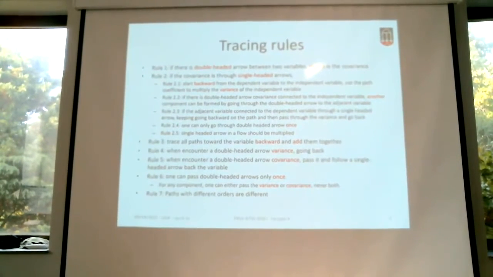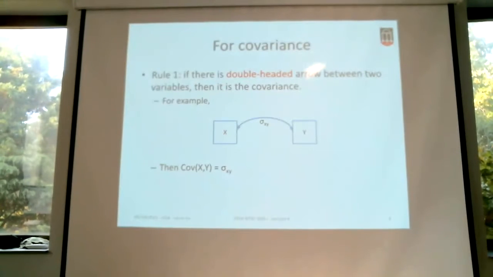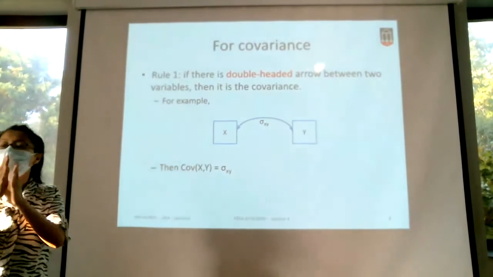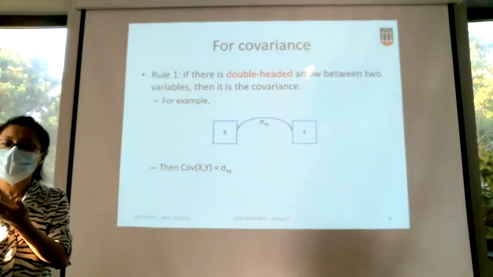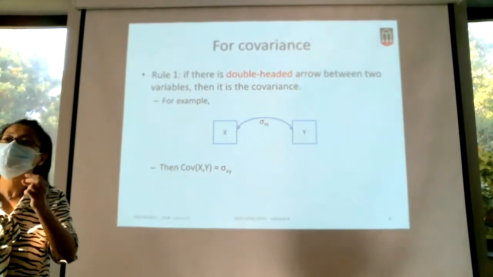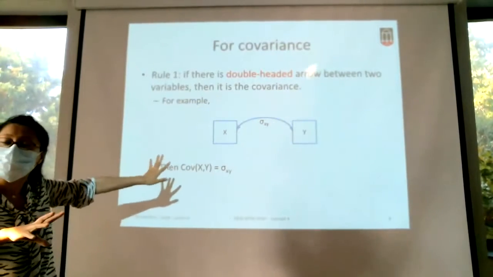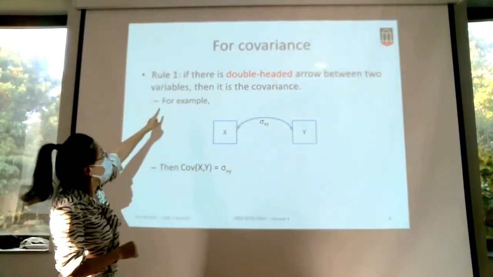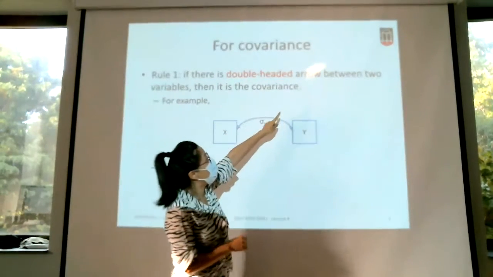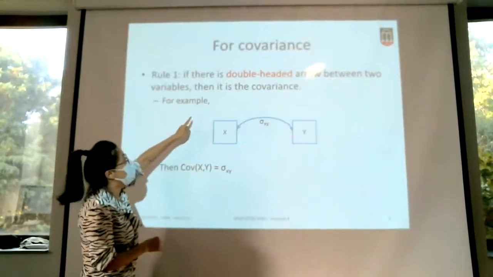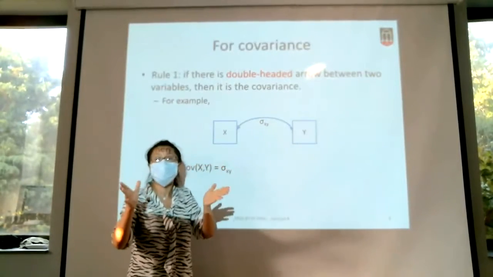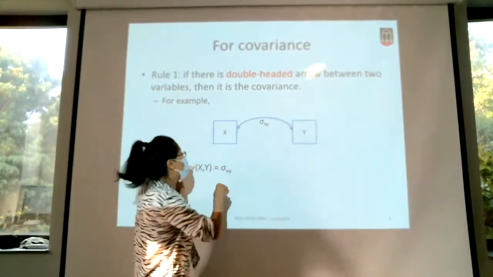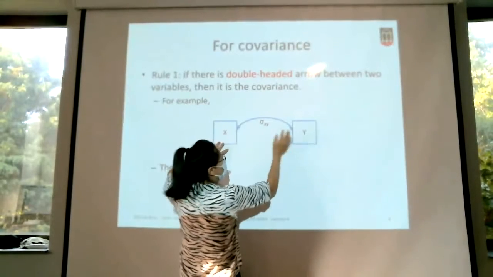Let's look at the first rule. That's for covariance. When the question asks you about the covariance between two variables, you can apply this kind of rule. If there's a double-headed arrow between two variables, then that's the covariance between those two variables. Suppose you have x and y.